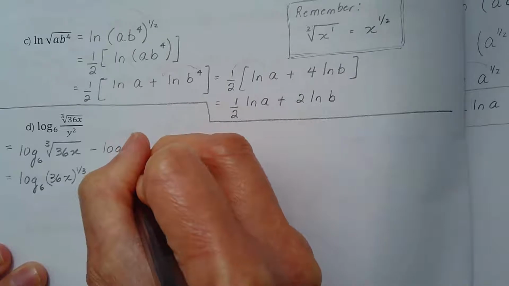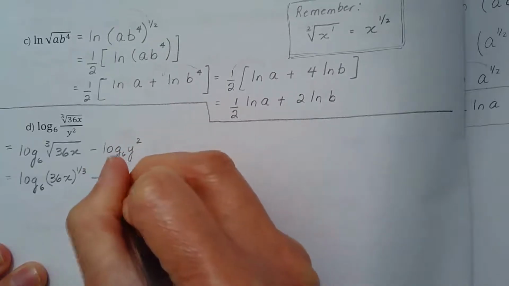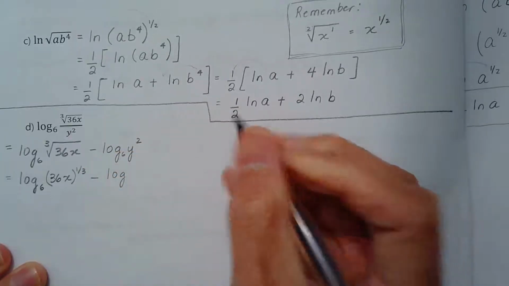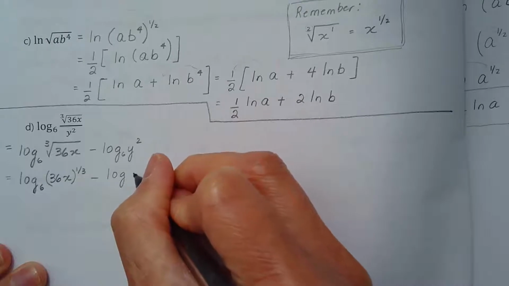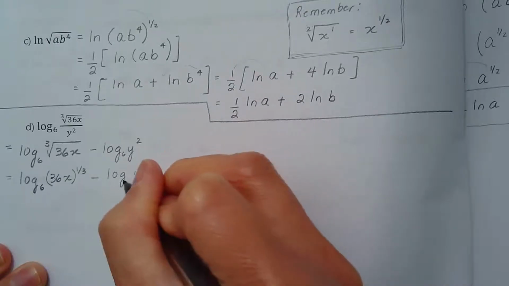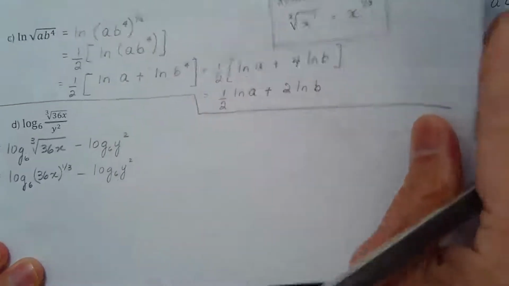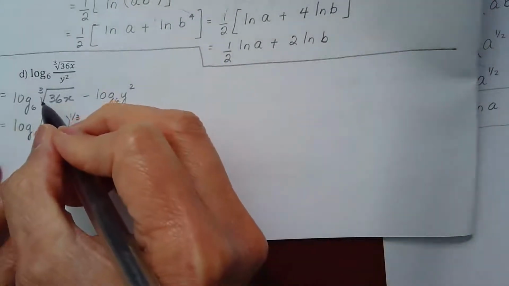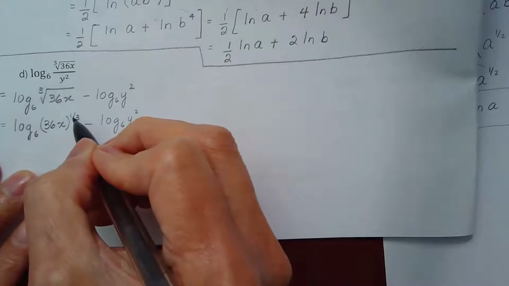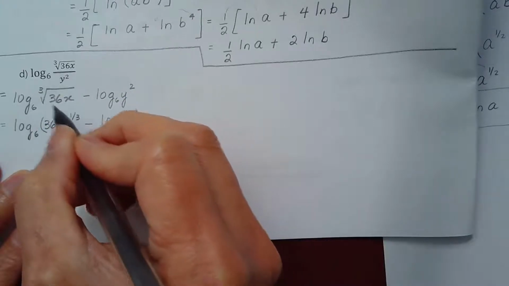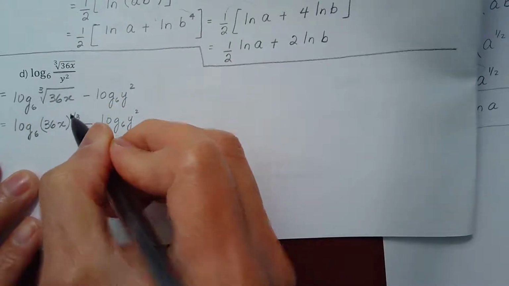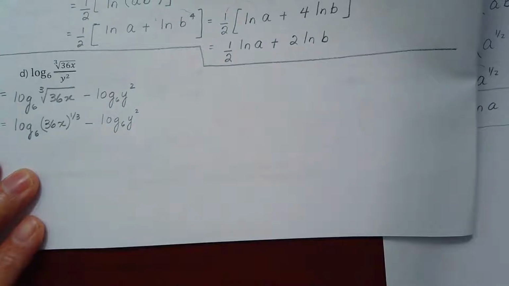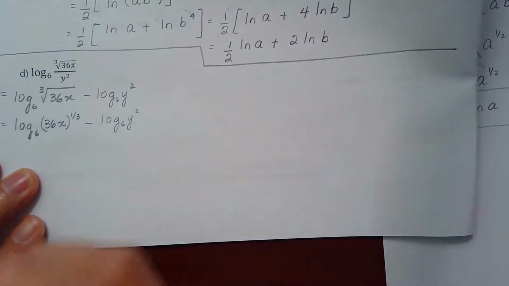Oops, I forgot base 6 here. Minus log y squared, base 6. So that's the first thing that I did, change this radical into the exponential form. Cube root is the same thing as exponent to the 1/3.